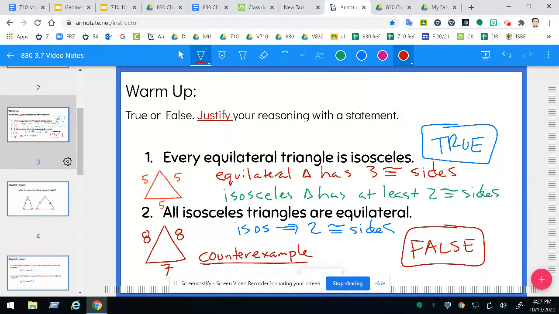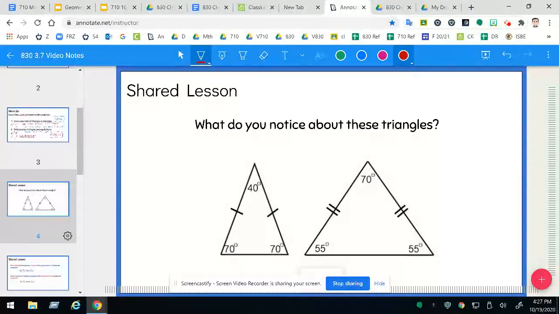Now let's jump into our lesson. Right away, we've got 2 triangles with various markings. I want you to make a list of things that you notice about these triangles, okay? So at this point, I'd like you to pause the video, just make a quick list of everything that you notice about these triangles.